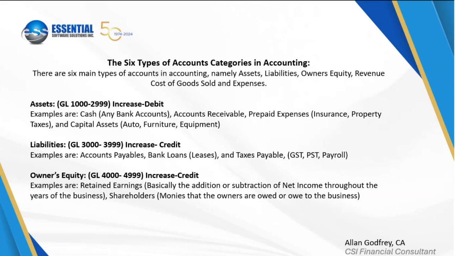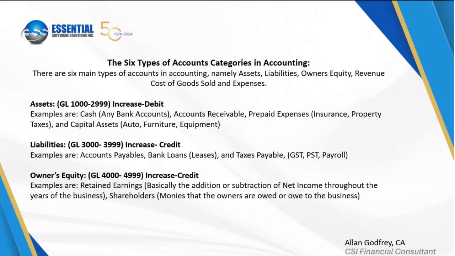Okay, what is owner's equity? Owner's equity, again with the accounts, say 4,000 to 4,999. The increase of owner's equity is considered a credit. So what is owner's equity? That's a section that shows up in my balance sheet. Similar to assets and liabilities, it has its own little area. It has retained earnings.